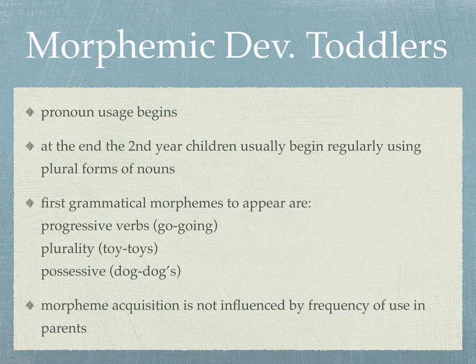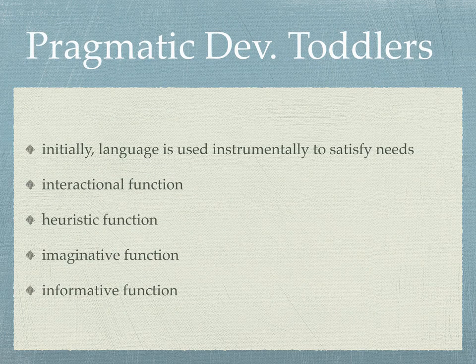So progressive verbs, they start to put ing on the end of things. Again, plurality, difference between toy and toys. And then possessive, that is not just a dog, that is the dog's bone. Morpheme acquisition is not influenced by frequency of use in parents, which is kind of interesting, but they will eventually just get it on their own.